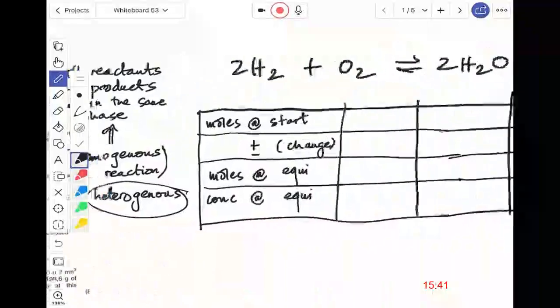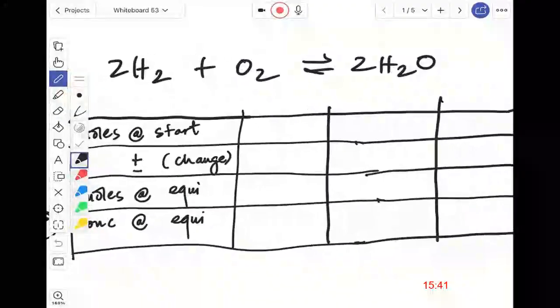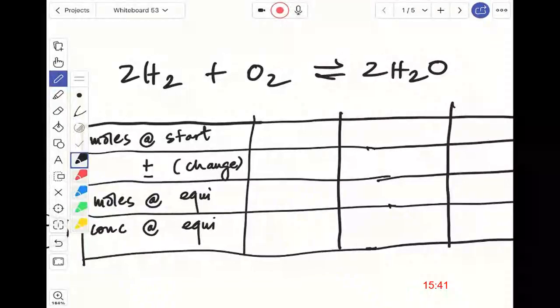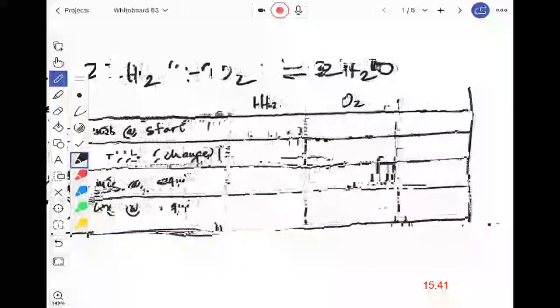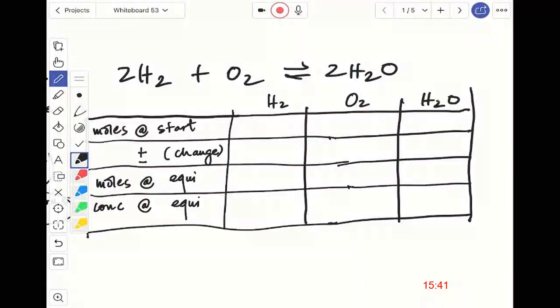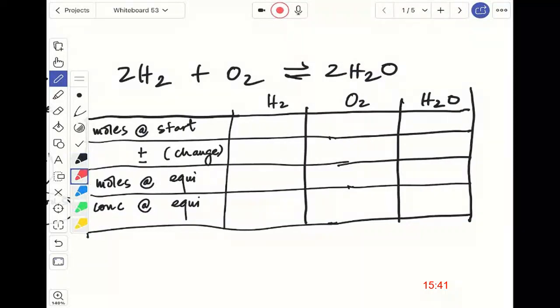So when I go back to the table, that is the column for hydrogen, that is the column for oxygen, and that is the column for water. Then what I do is I write those values in red. So in red is all the information that is given to me.